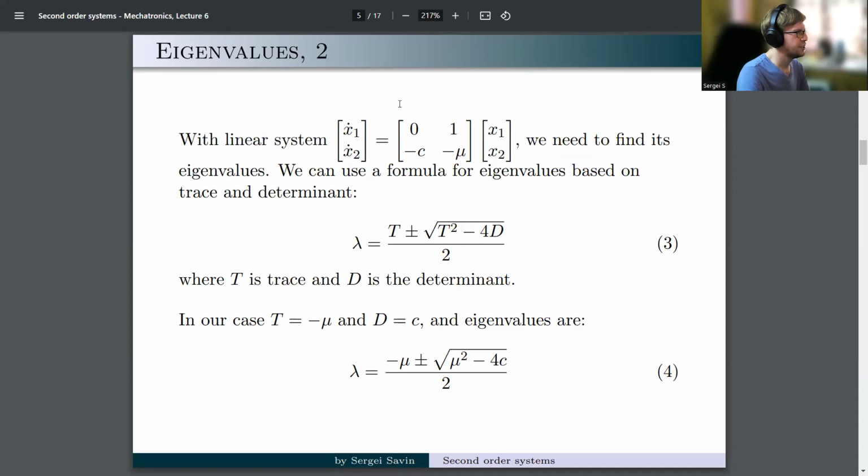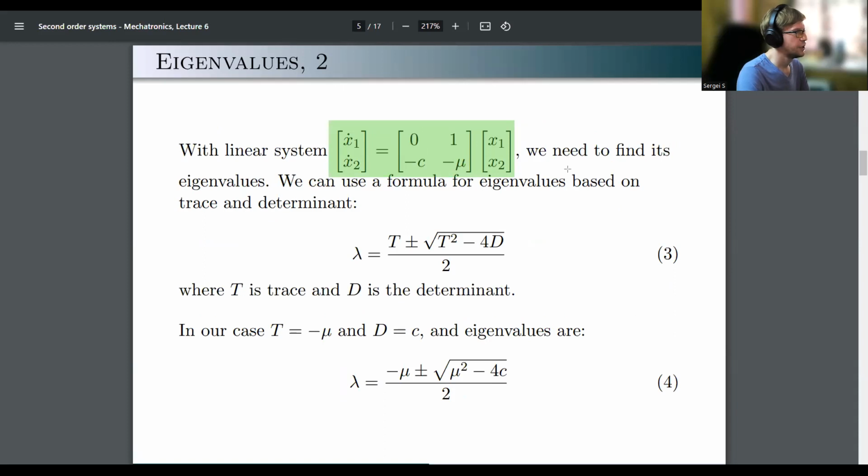Okay. Now let's consider this linear system that we just created. This is a linear system, so we can find its eigenvalues. How do we find eigenvalues? Well, there is a formula for eigenvalues, same as the previous ones, which was based on analyzing it as a physical system. This one is just nice to remember, because computing eigenvalues by themselves I think is a little bit of a chore.